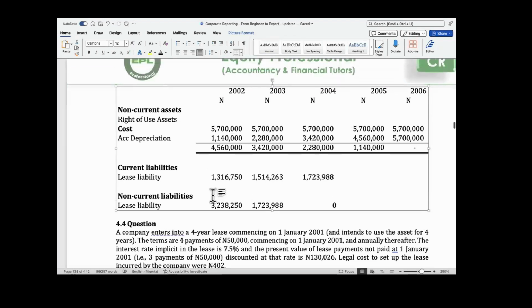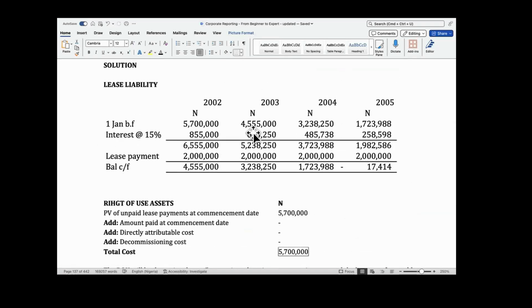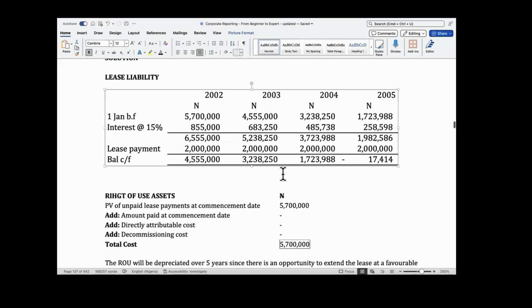Okay. And the same thing applies in the second year also. In the second year, this liability of 3.2 million has to be split between current and non-current because we know what you're paying next year. And when you look at next year, you see the liability has reduced to 1.7. The difference between these two is the one we describe as current.